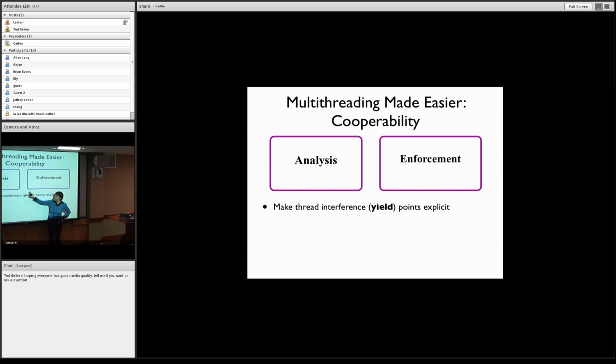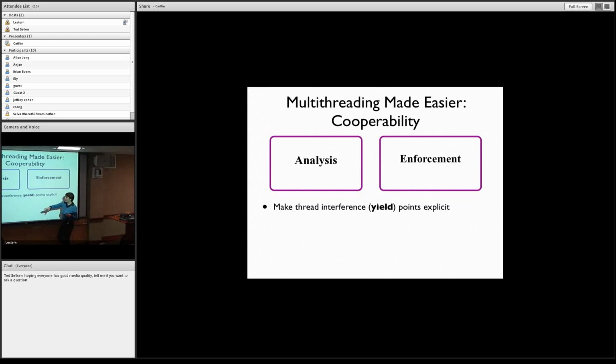There's many ways to go about correctness in multi-threaded programs. There's sort of two big things we could do: analysis and enforcement. We have this idea that given a program, we want to make the interference explicit with yield points.